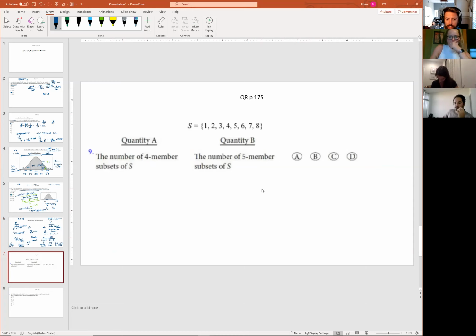Quantity A, quantity B, they're equal, or we can't tell. So it's the number of 4-member subsets of S. How many groupings of 4 can we do? And how many groupings of 5 can we do? What do you guys think there are more of? Are there more groups of 4 or more groups of 5 in this one?